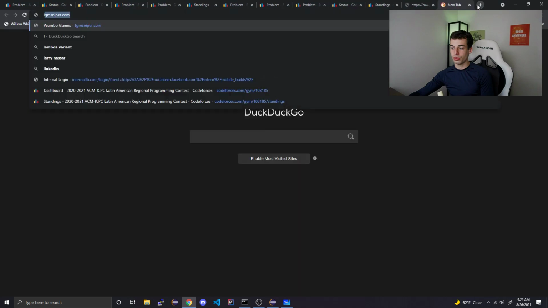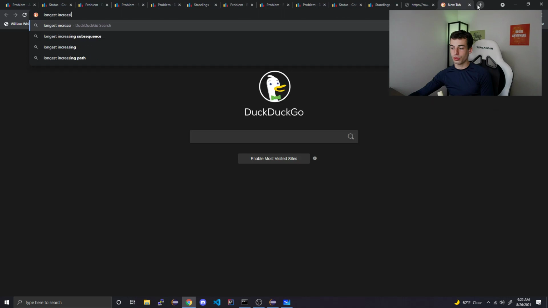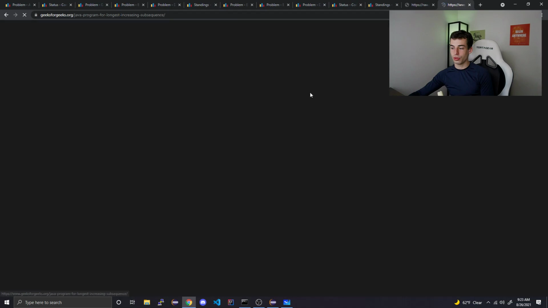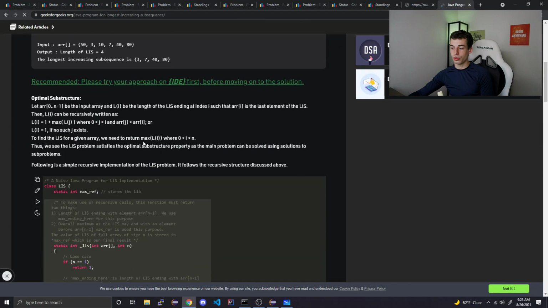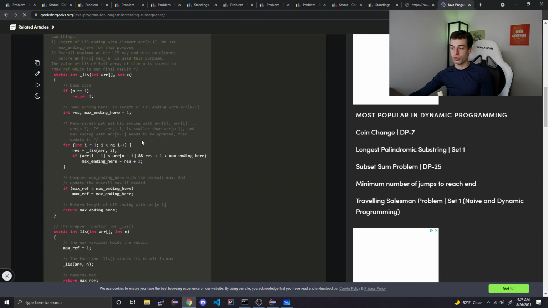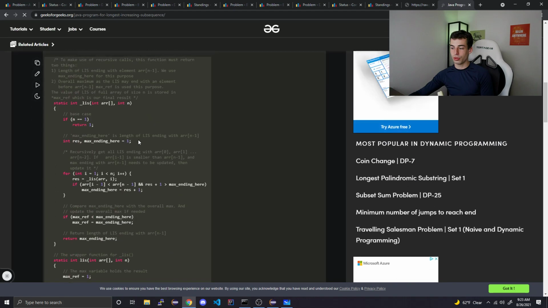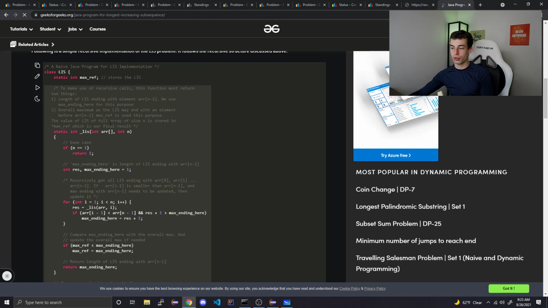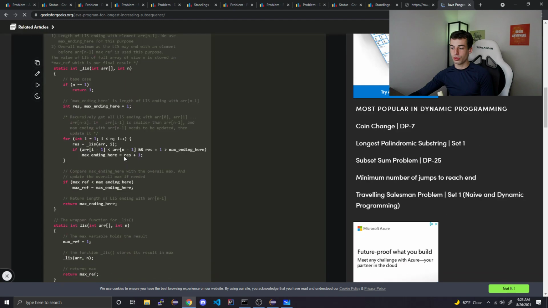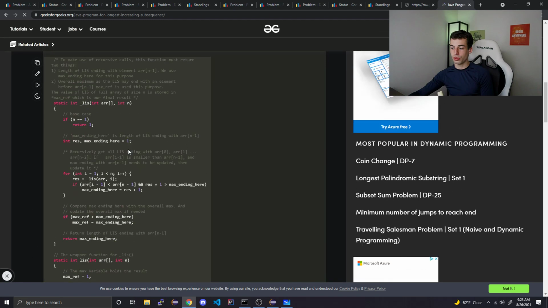Okay. Longest increasing subsequence, Java. Is this n squared? Is this really n squared? Are they serious?